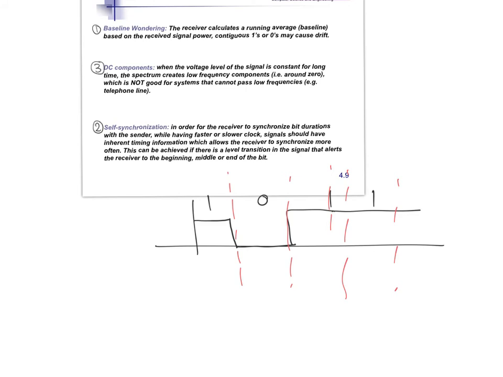What I normally do at the receiver side is to use a voltage comparator. I use what they call a baseline, like this. We call this a baseline.